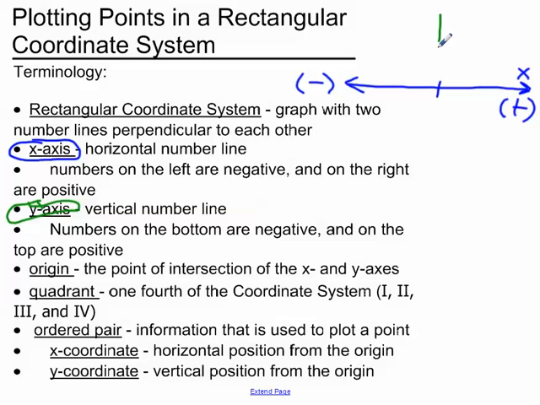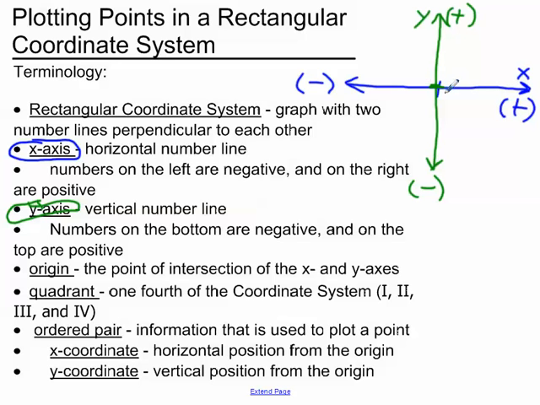Our positive numbers are going to be up here for the y-axis, and our negative numbers are going to be down here. The y-axis is our vertical number line. Here's our 0 point right there.